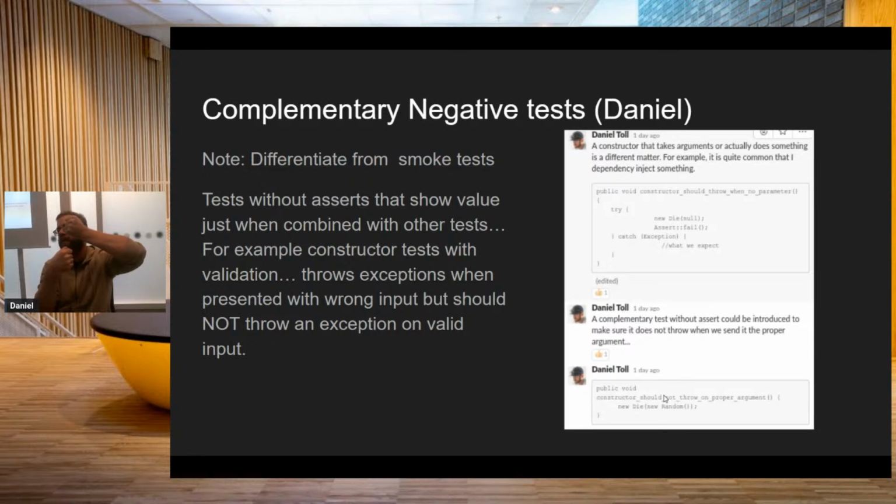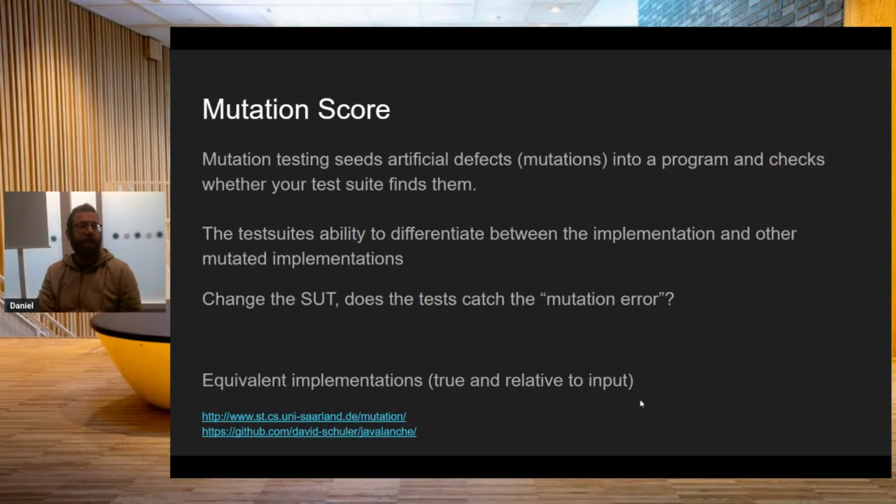The problem is that if I have a lot of code in the constructor, then I might also get coverage for that code. So if I have a lot of code in my constructor, then I also need to do other things with the object, like checking that parameters or arguments are set to their values. So that was a complementary negative test. Okay.